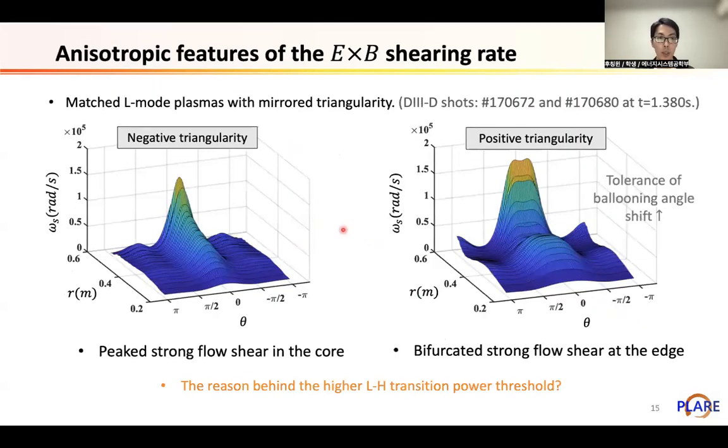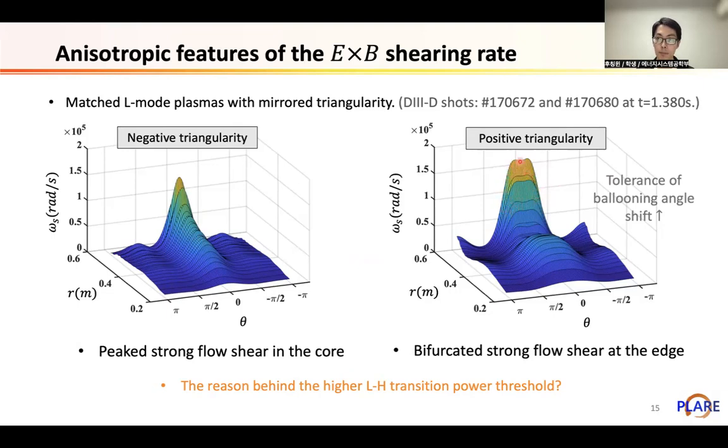We are also motivated to study the anisotropic features of the flow shear. From this NT case, we can see a peaked strong flow shear in the core. However, for the PT case, we can see a bifurcated strong flow shear at the edge.